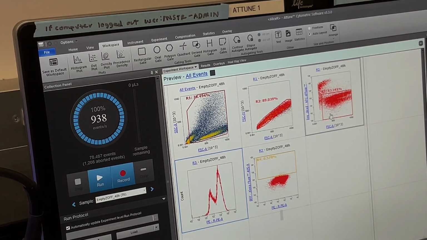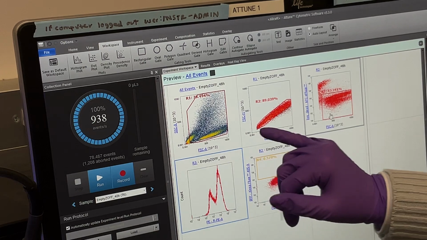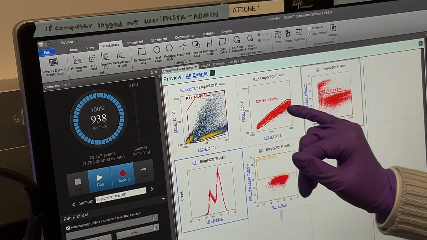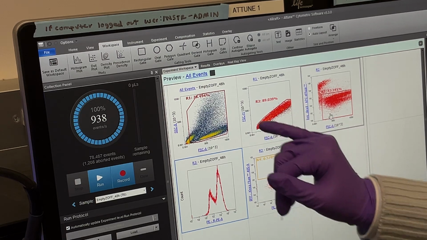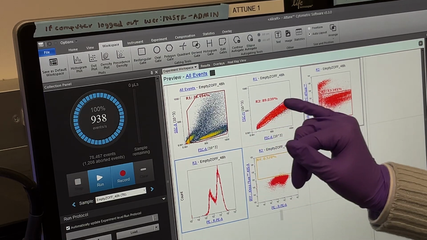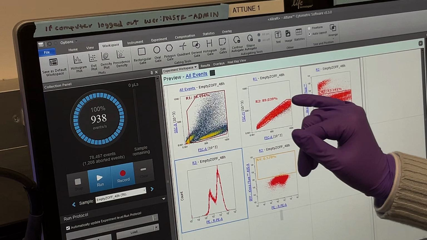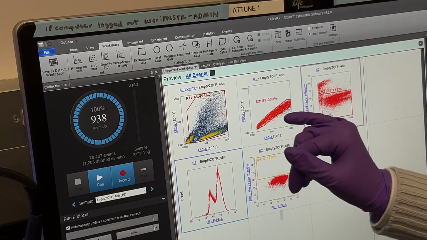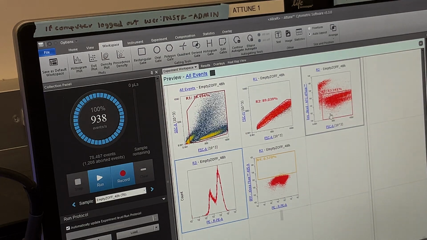And the top one in the middle is to select the cells that are single cells. If the cells are doublets, the area and the height are not correlating, so anything outside of the diagonal axis is probably doublets. Got it. Awesome. Thank you.